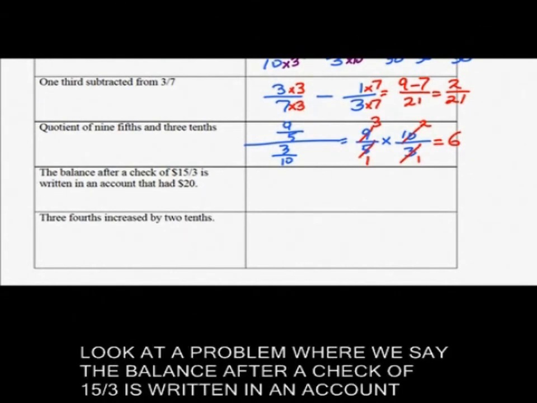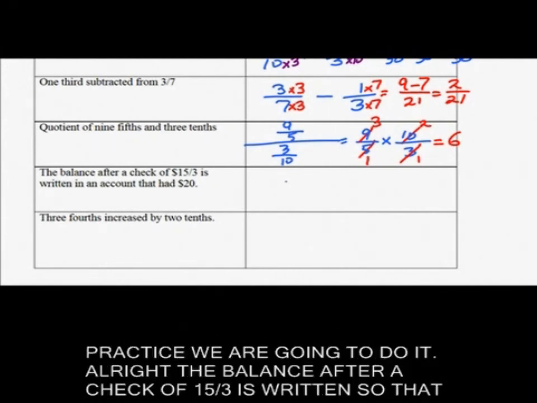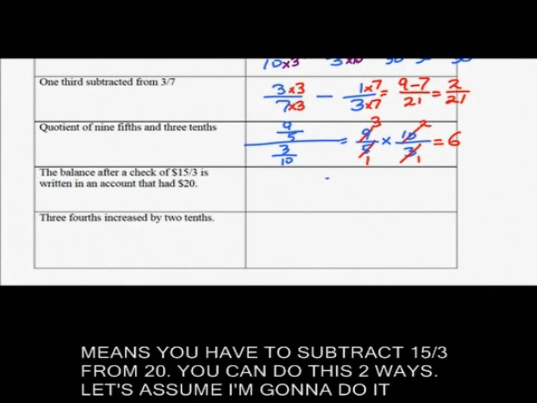Let's look at a problem where we say the balance after a check of 15/3 is written in an account that had $20. Probably you'll never hear this in real life, but for the sake of practice, we are going to do it. So that means you have to subtract 15/3 from 20. You can do this two ways.